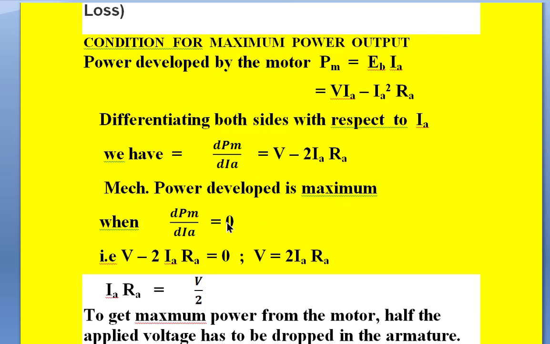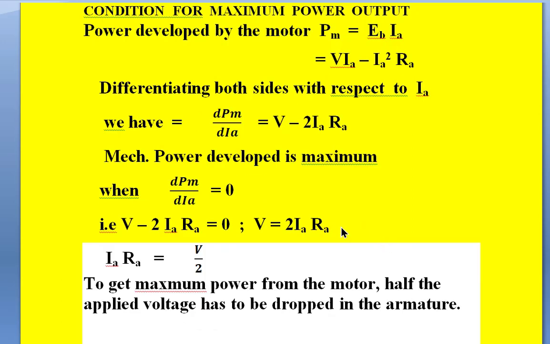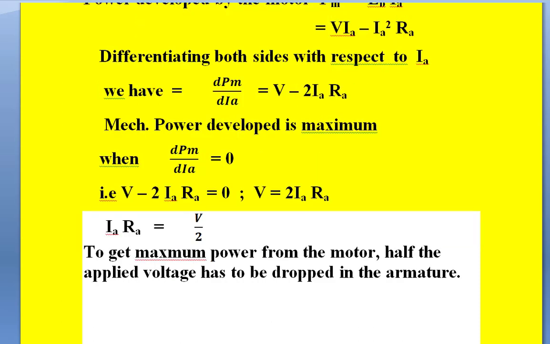So we get V minus 2 RA Ia is equal to 0. From this it can be observed that the applied voltage is equal to 2 into Ia RA, and we can also write Ia RA is equal to V by 2. That is, when the voltage drop across the armature is half the applied voltage, the motor will develop maximum mechanical power.